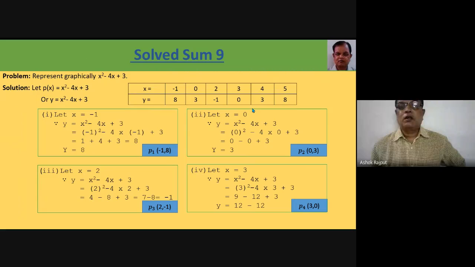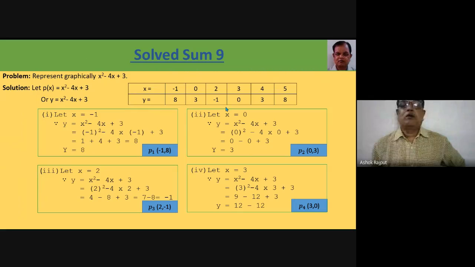On the next, as we have taken x equal to 3, put the value of x as 3. The square of 3 is 9, then 4 times 3 is 12, and plus 3. It is a positive term, so 9 and 3 make 12, and 12 minus 12 is 0. So we are getting the point 3 comma 0.